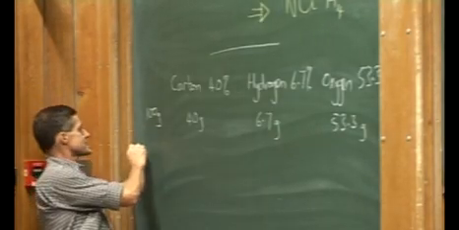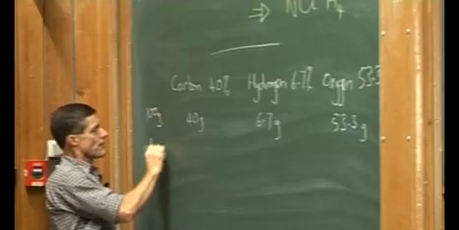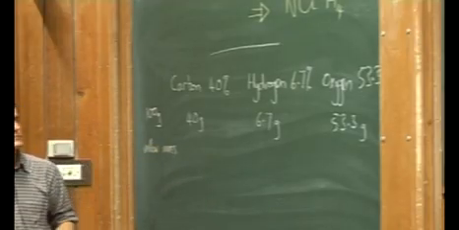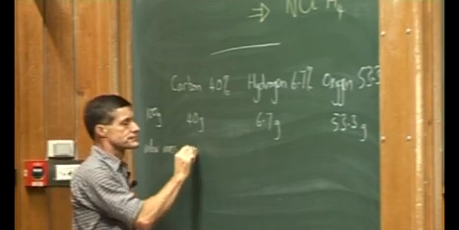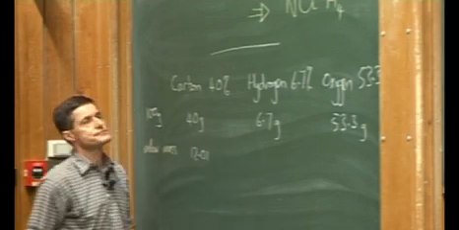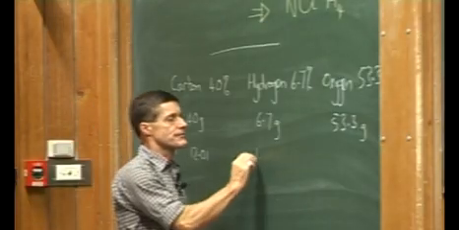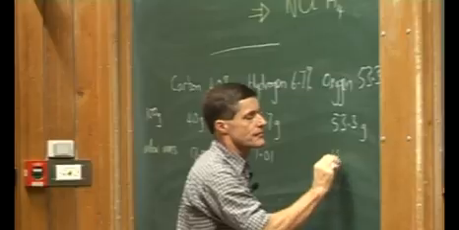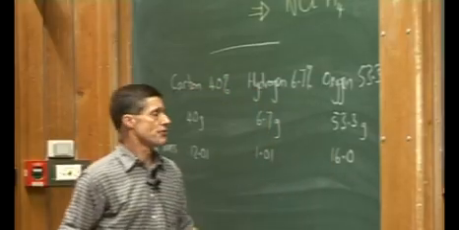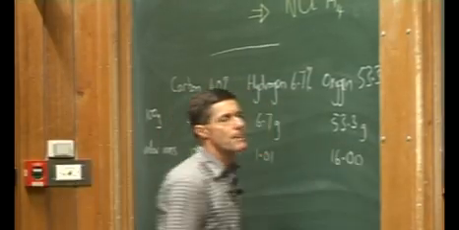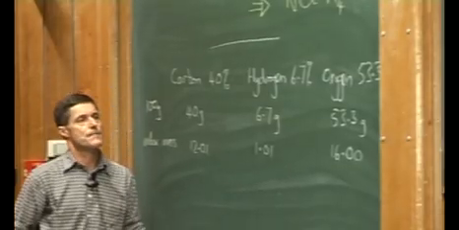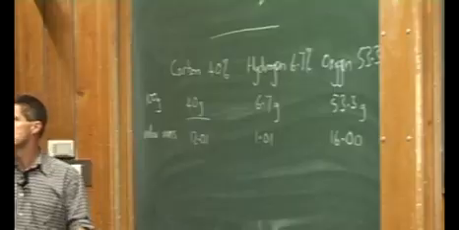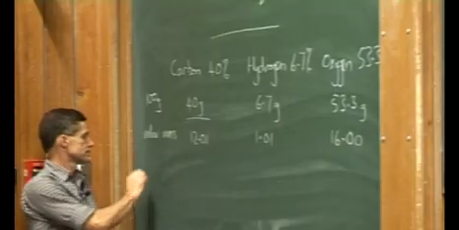The molar mass is something I look up from the periodic table. For carbon, 12.01. For hydrogen, 1.01. For oxygen, 16.00. If I divide mass by molar mass, I get numbers of moles.